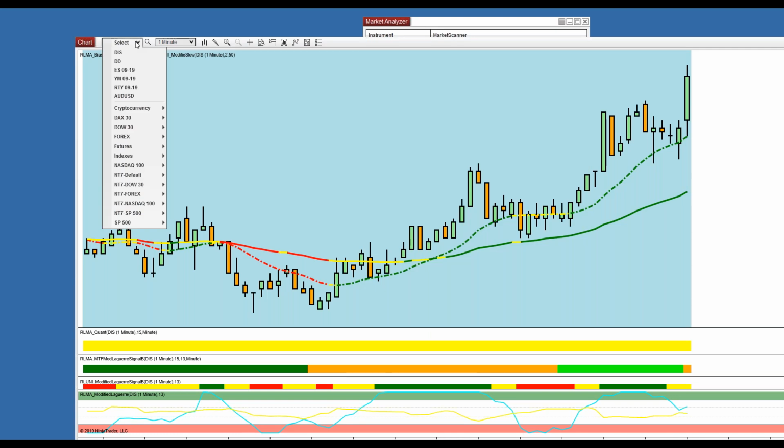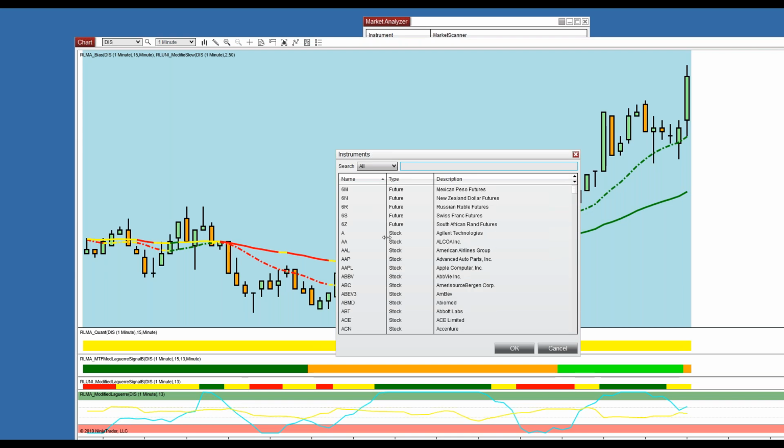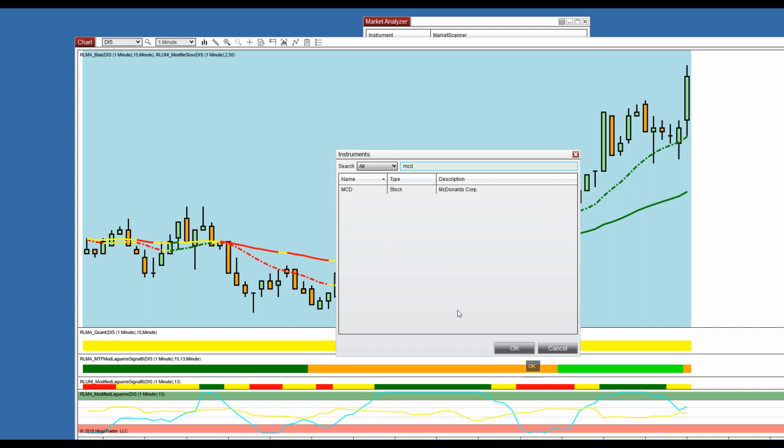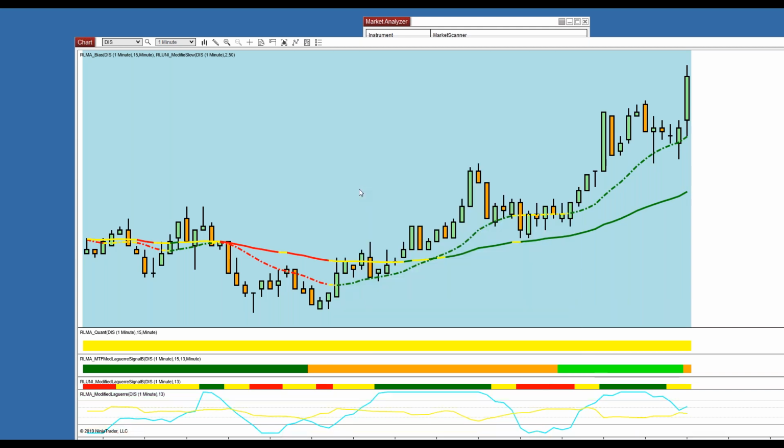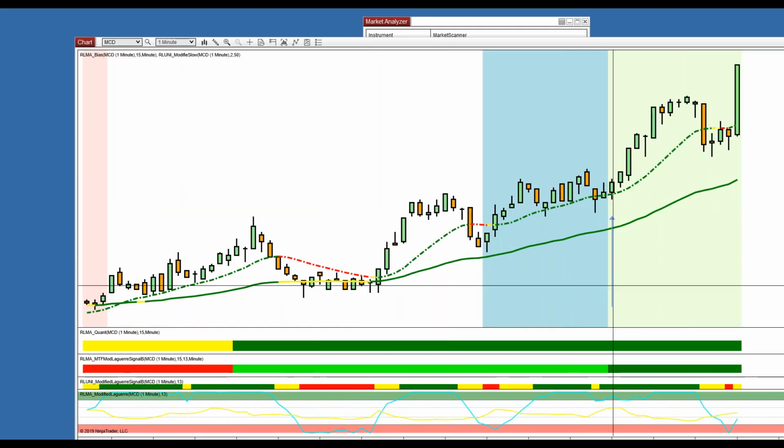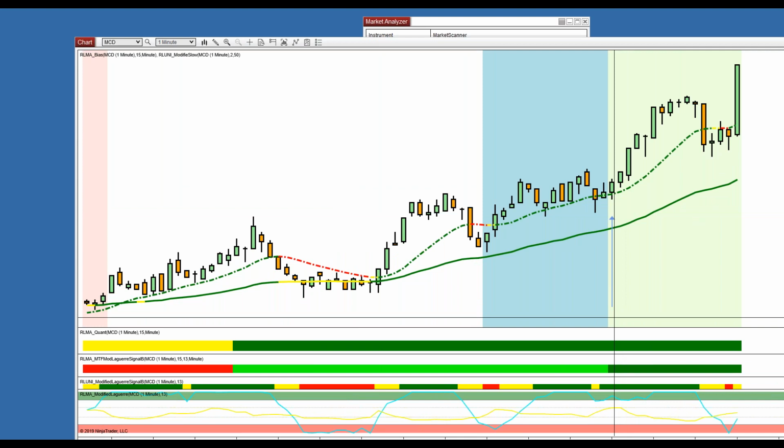McDonald's. Well, now I'm on a 1 minute, which may not show you the same signal as the one you were looking at. Now here's the alignment and here's the trade. Now your question was, why at 12:15?